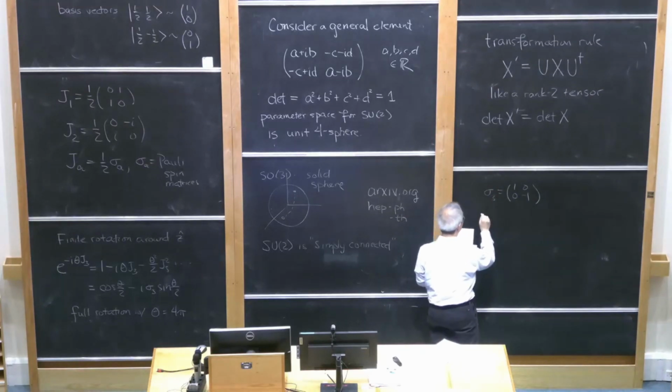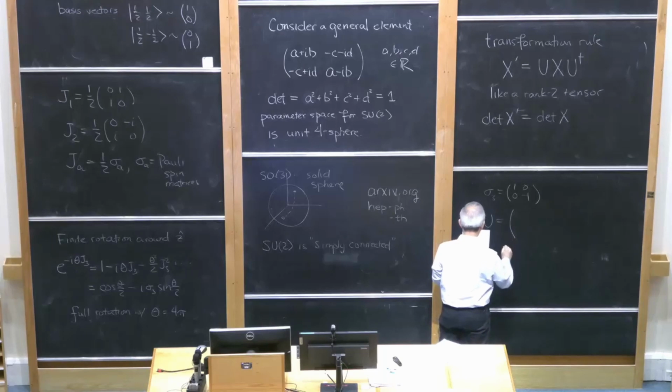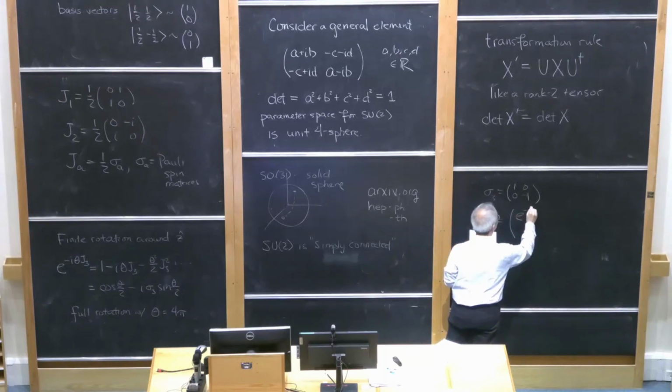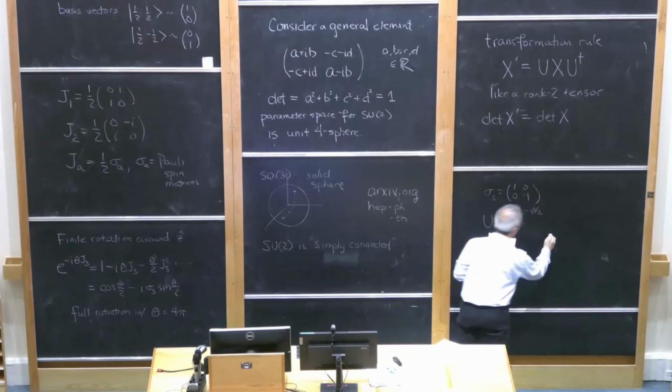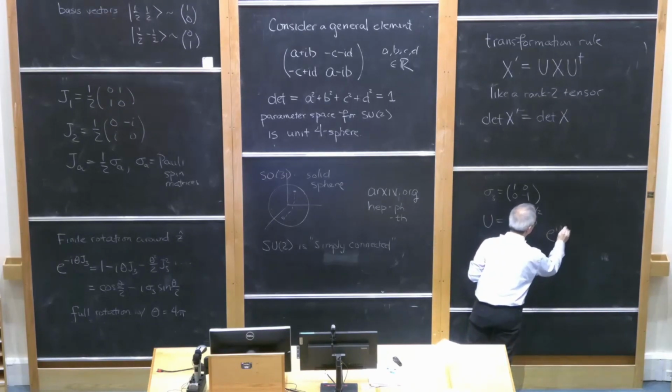So the corresponding rotation matrix will take the form e to the minus i beta. Let's rotate through an angle beta, and it will still be diagonal, so you just get this. Okay?